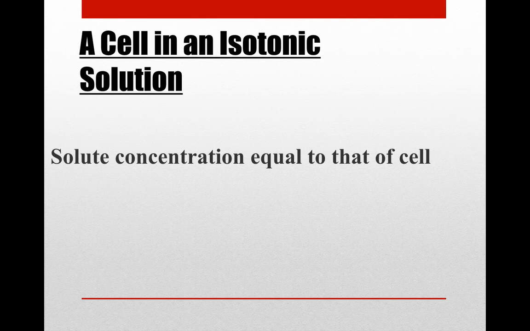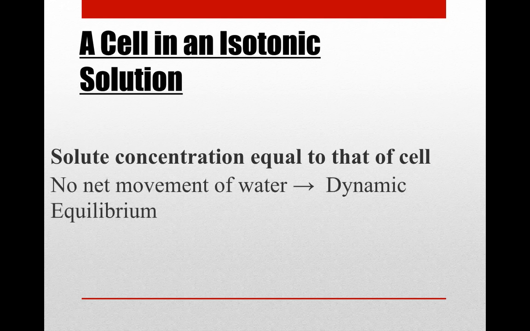A cell in an isotonic solution, the solute concentration is equal to that of the cell. So what that means is there's no net movement of the water. Water will still cross the membrane, but whatever goes into the cell, equal amounts will go out of the cell.